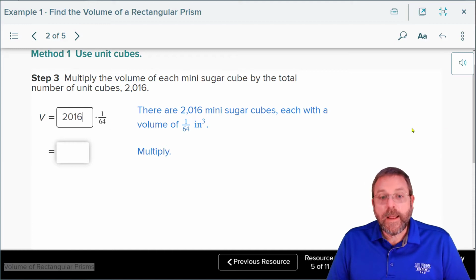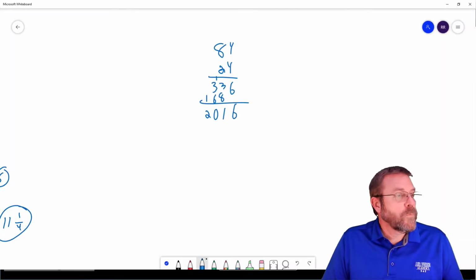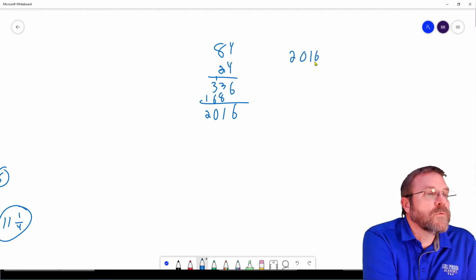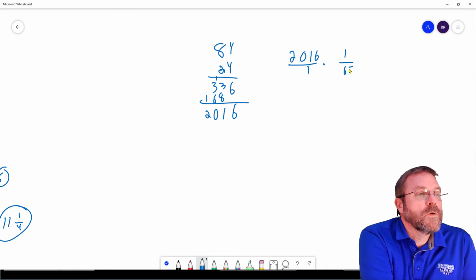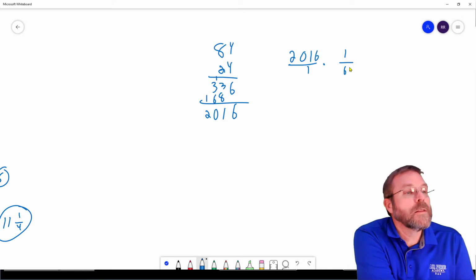To do that, we're going to go over here and show you the supporting work for that. We're going to have 2,016 over 1 times 1/64. Whoops, let me set that right again.